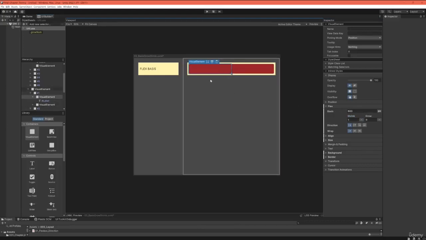Let's see how much space the container gives us, and let's see, can we reach our ideal size? If we are allowed to shrink, we cannot reach our ideal size. We will just use that much space that we have. And when we both have the same basis and both have the same shrink set, when shrink is set to 1 in both cases, they shrink in the same way, and that's why they have the same size here.